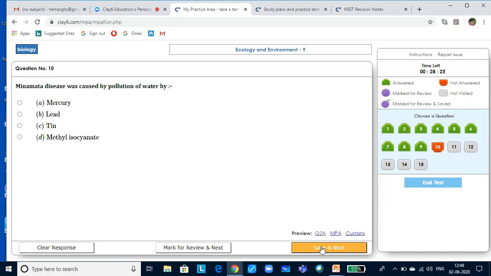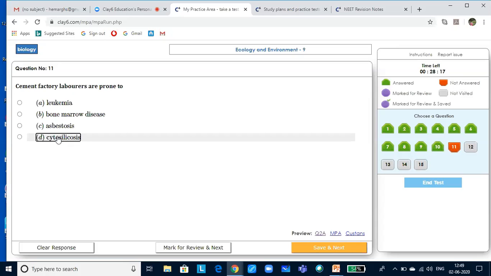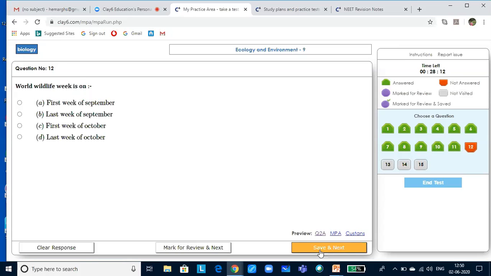Minamata disease was caused by pollution of water by mercury. Cement factory laborers are prone to chalicosis. World Wildlife Week is in the first week of October. Lead is considered primarily an air pollutant.